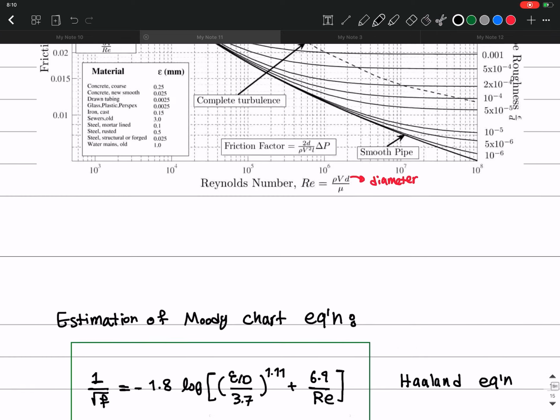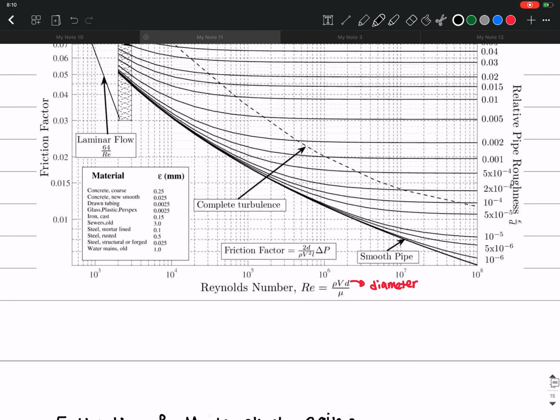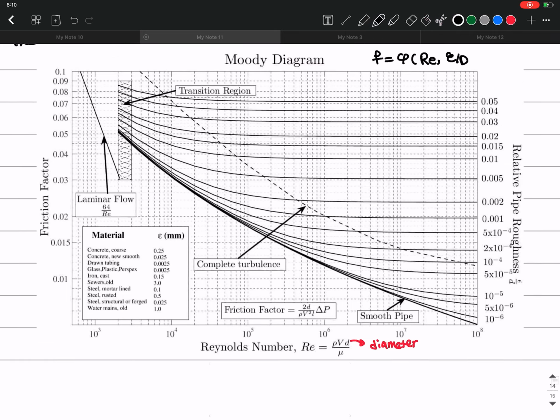Okay, if there is any question of that. Okay, so in the next lecture, I'm going to show you and solve one example of calculating major losses, and then after that we will go through the minor losses and the different pipe problems for single pipes, and after that multiple pipes.